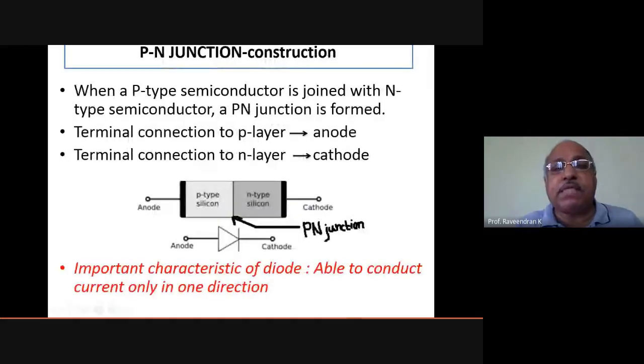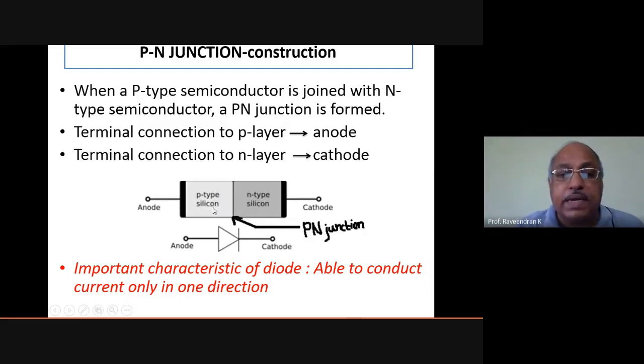When a p-type semiconductor material is joined with an n-type semiconductor material, a p-n junction is formed. Just like this one. This is a p-type silicon material, and this is another n-type silicon material. This junction is made by the p-type and n-type silicon materials joined together, and the ends will have some metallic contacts like this.